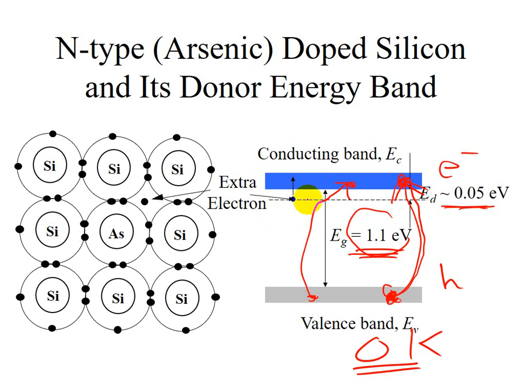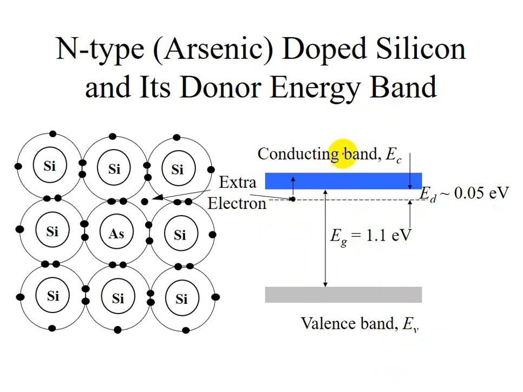So if you introduce 10,000 arsenic atoms into the silicon, then you can create 10,000 electrons here.